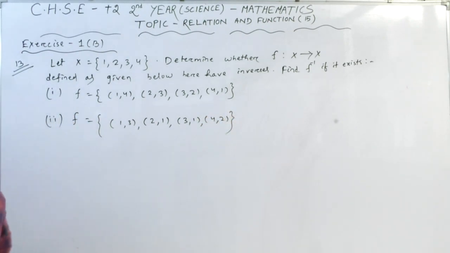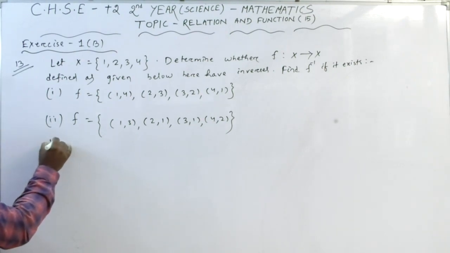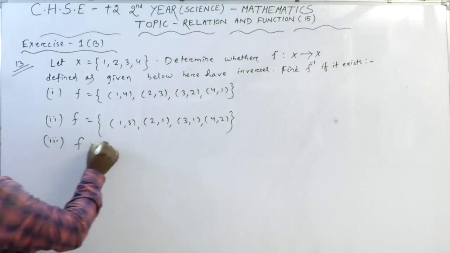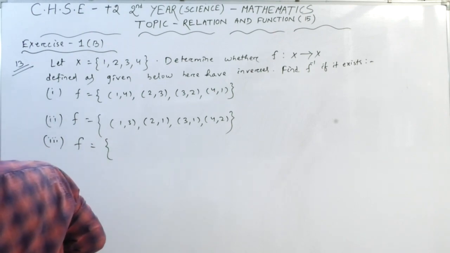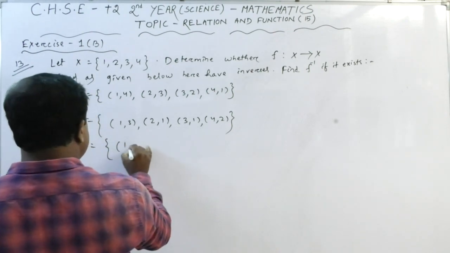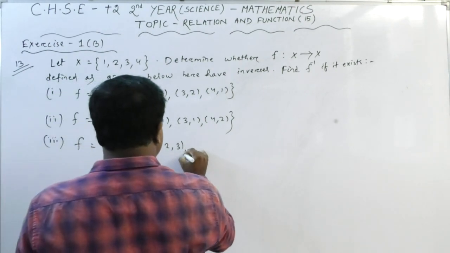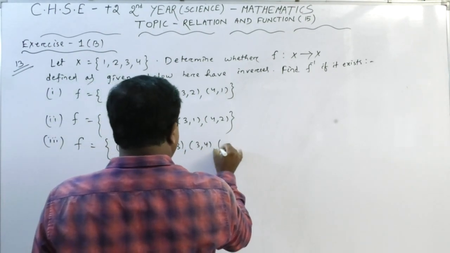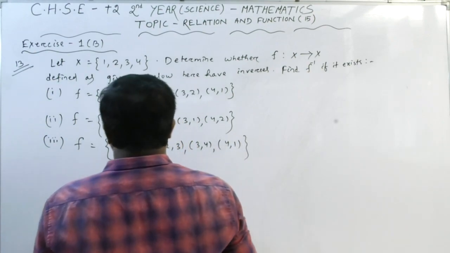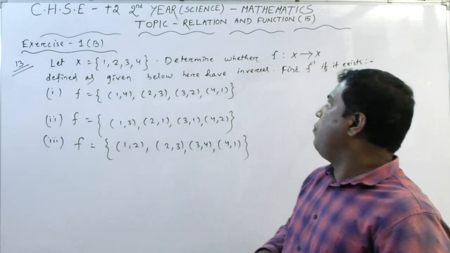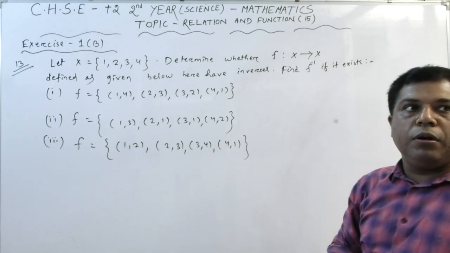Now the third one is given as f equals {(1, 2), (2, 3), (3, 4), (4, 1)}. And we have to check whether these functions defined from X to X have inverses or not.